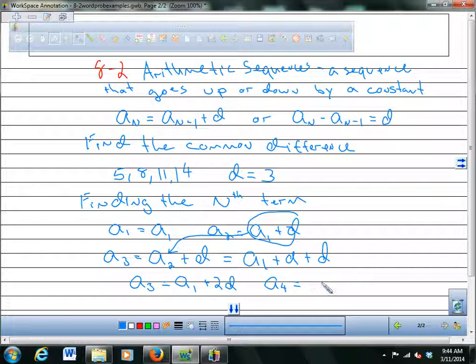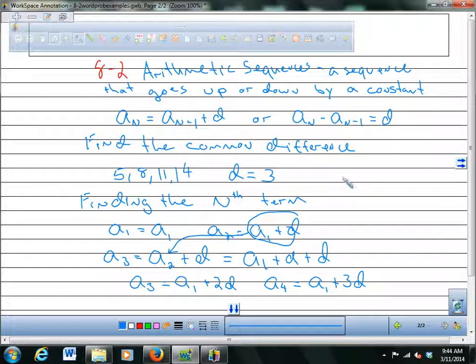A sub 4 would be a sub 1 plus 3d, okay? So using that idea to find the next term, how do they do it? A sub 1 plus 3d.